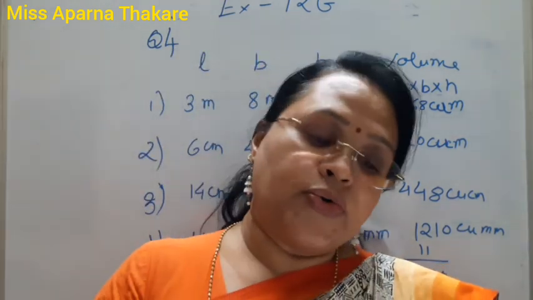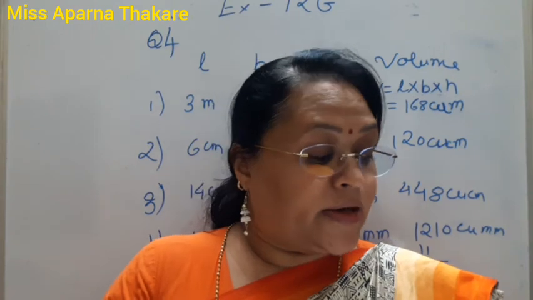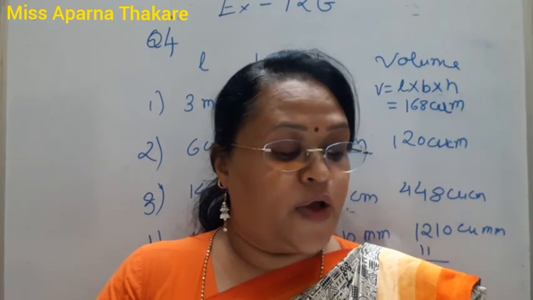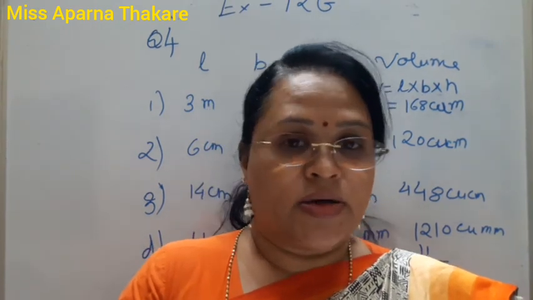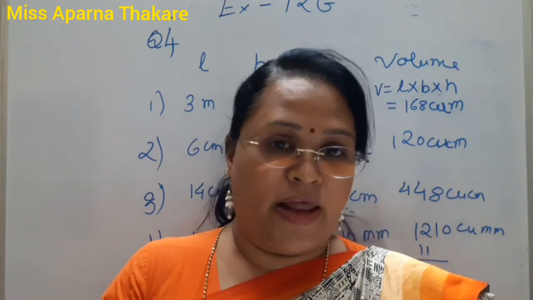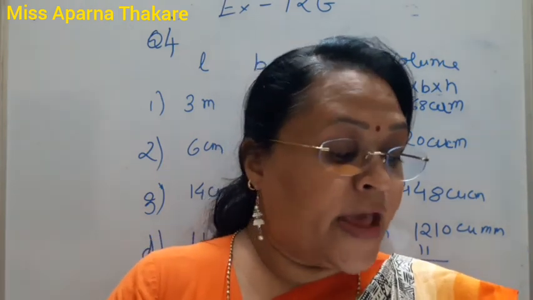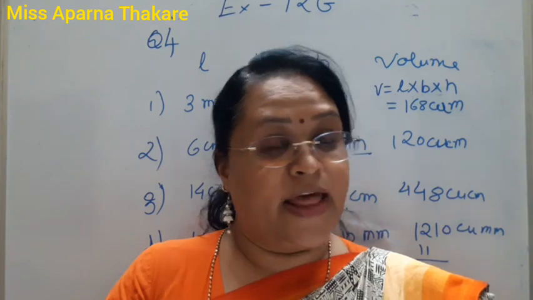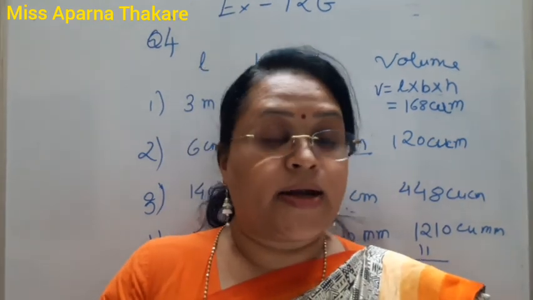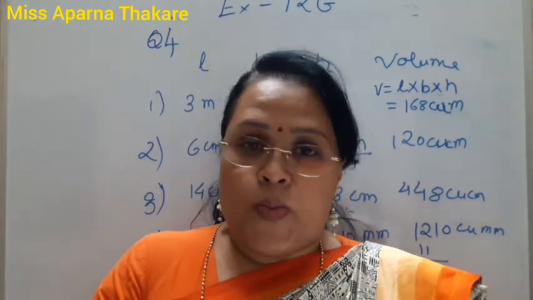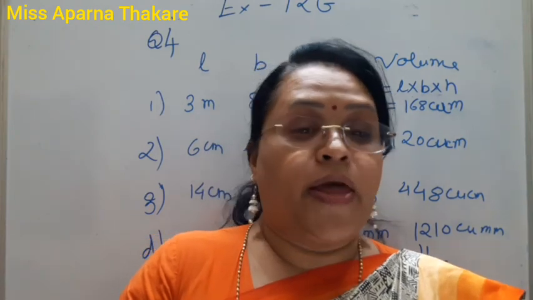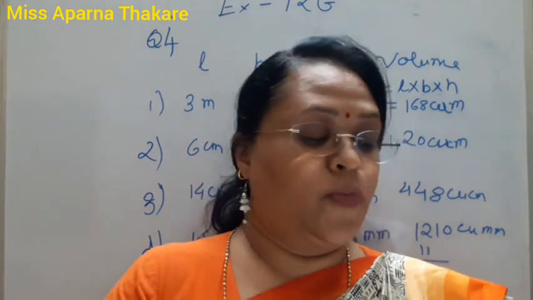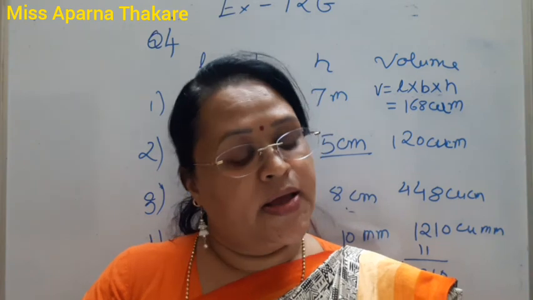So 7 into 7. Then rectangle is given. The side is 5 millimeter and another is 11 meter. It means that breadth is 5 centimeter and length is 11 meter. So rectangle area is length into breadth, and perimeter is the sum of all sides. So 5 plus 11 plus 5 plus 11.